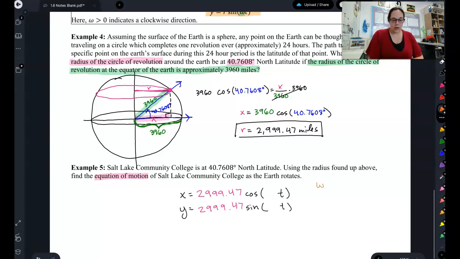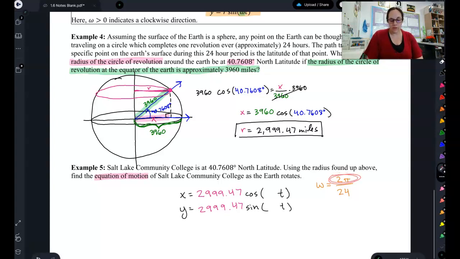So I know that w is how much angle of revolution I'm moving around in how much time. And I know the Earth completes one full revolution, which would be 2 pi angle, in 24 hours.